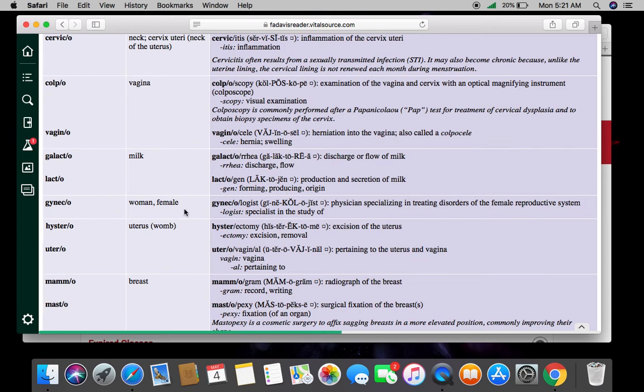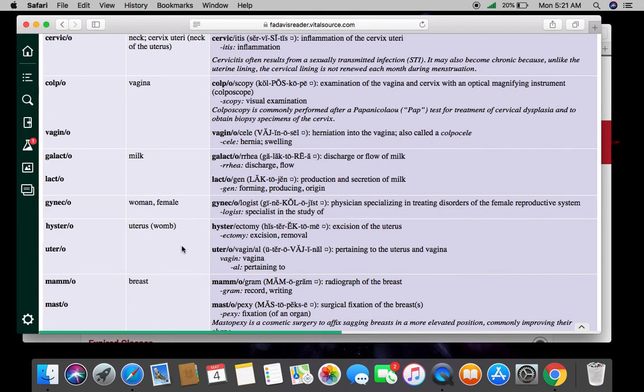Gyneco, women, female. Hystero or utero deals with the uterus. So, ladies, if someone calls you hysterical, I'd start questioning that, because what do we know as the typical layman's term for hysterical? Someone who's crazy or someone who's going off the rails. And they're going off the rails because you have a uterus.